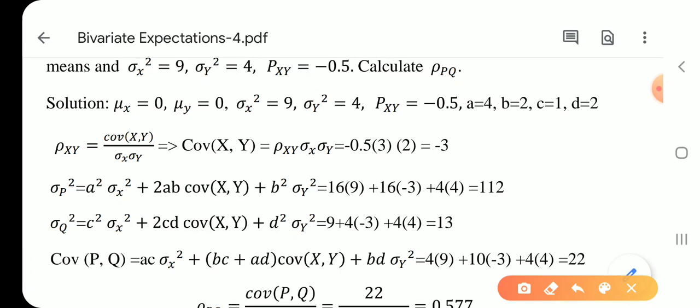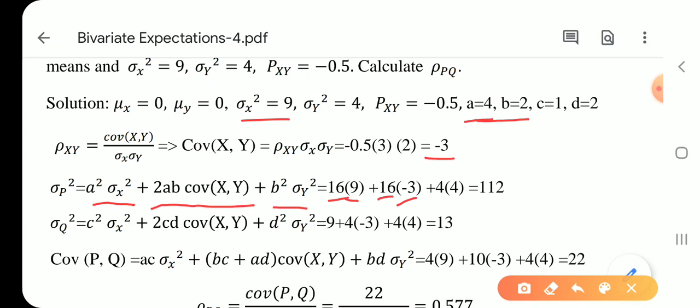The formula for sigma square p is a square into sigma x square plus 2ab into covariance of XY plus b square into sigma y square. In yesterday's video we learned about these two formulas. So the value of a square is 16, the value of sigma x square is 9, the value of 2ab, that is 4 into 2 is 8, into 2, 16.